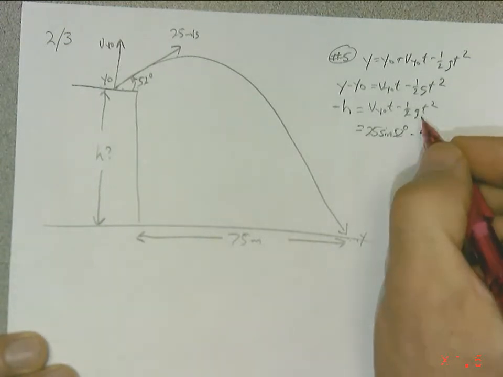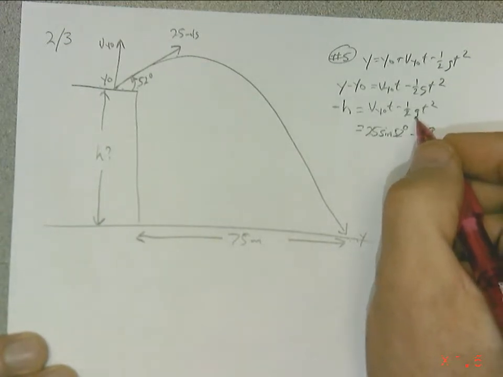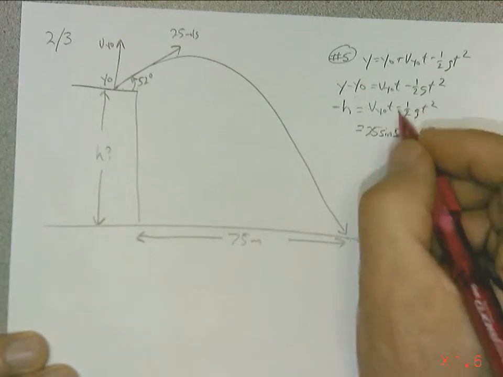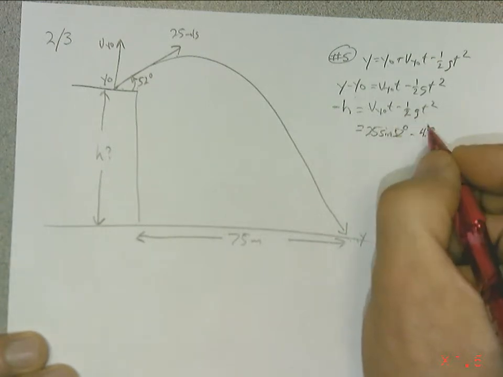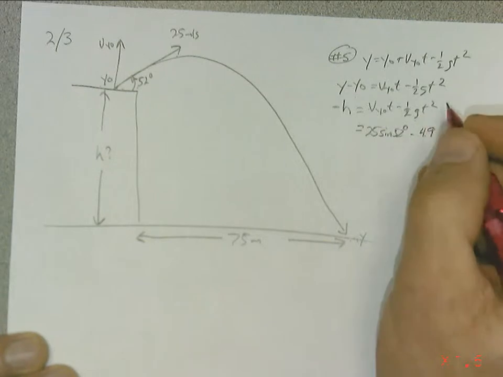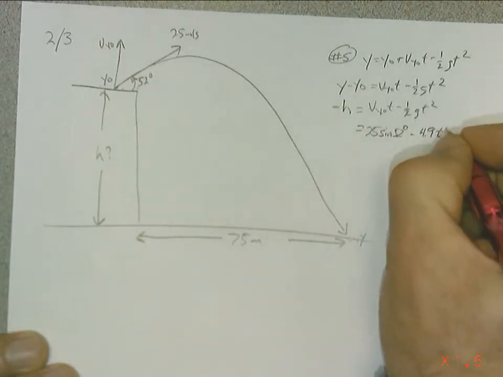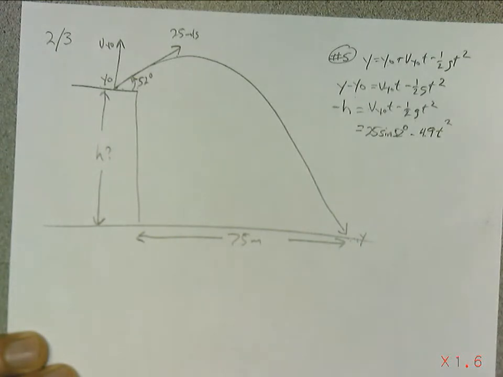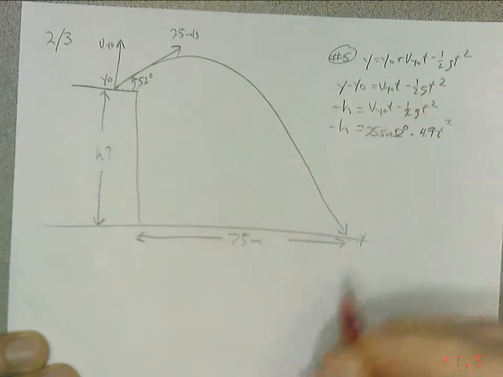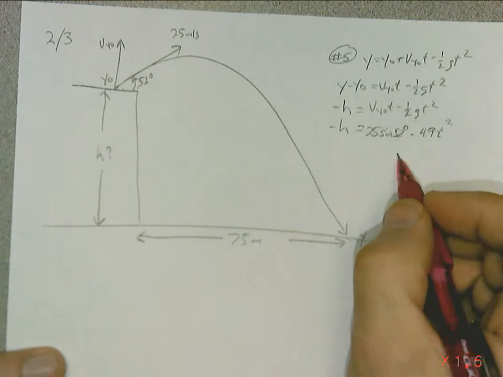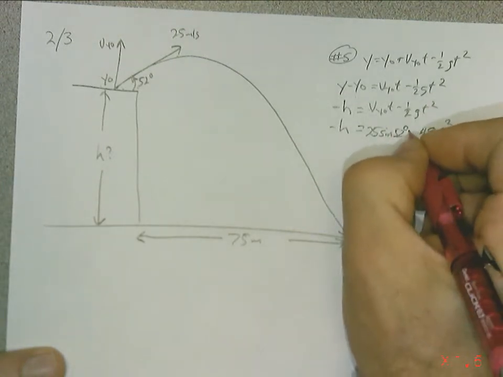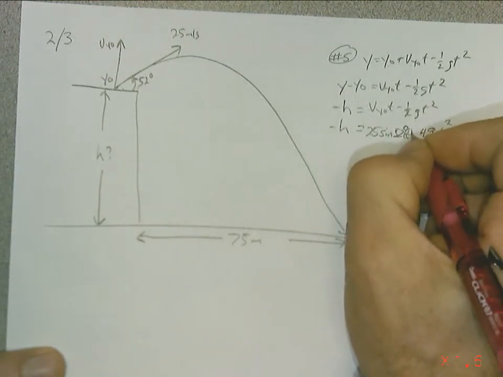In other words, g is either 9.8 or 10. And so some deviation from my answers will be seen if I originally solved it using g equal to 10 versus 9.8. So I'm going to use 9.8 right now. Doesn't really matter. t squared. All right, so that's negative h. Okay, now the problem is, whoops, I need to put in a t here. There we go. Don't forget the t.